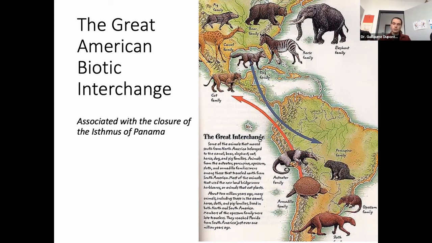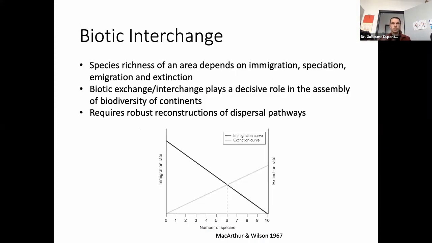biodiversity of a region is not just influenced by speciation and extinction. It's also influenced, as we know, by the theory of island biogeography, by immigration. And one of the important things, if we talk about continents, is what we call biotic exchange or biotic interchange.